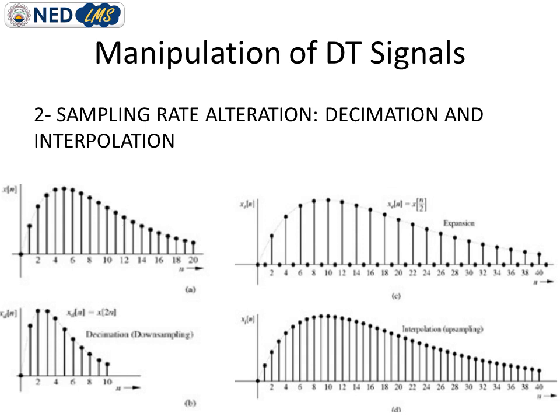So if x of n, which is the original signal, is obtained by sampling of a continuous time signal, then this operation, which is reducing the sampling rate by a factor of M, is why decimation is also known as downsampling.